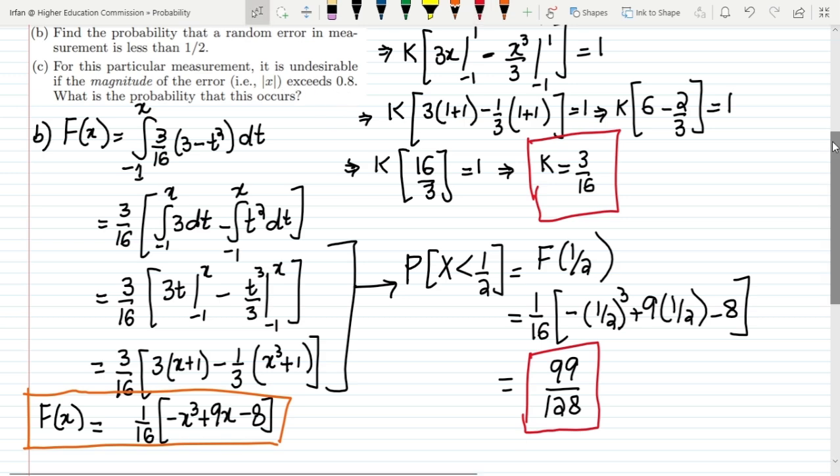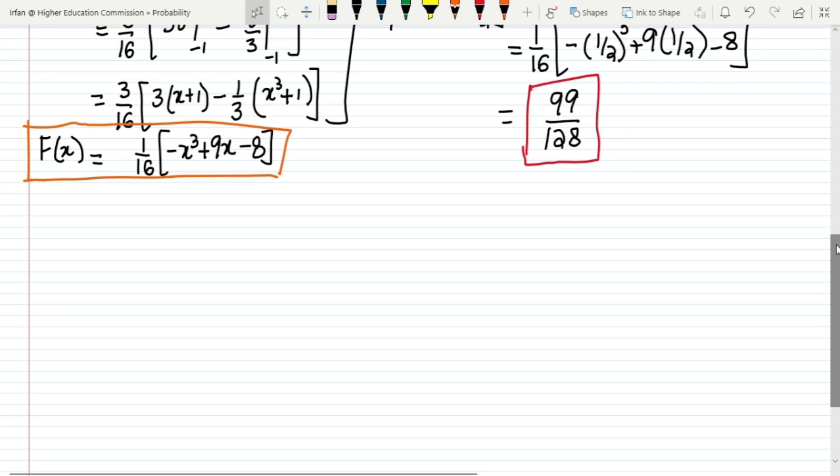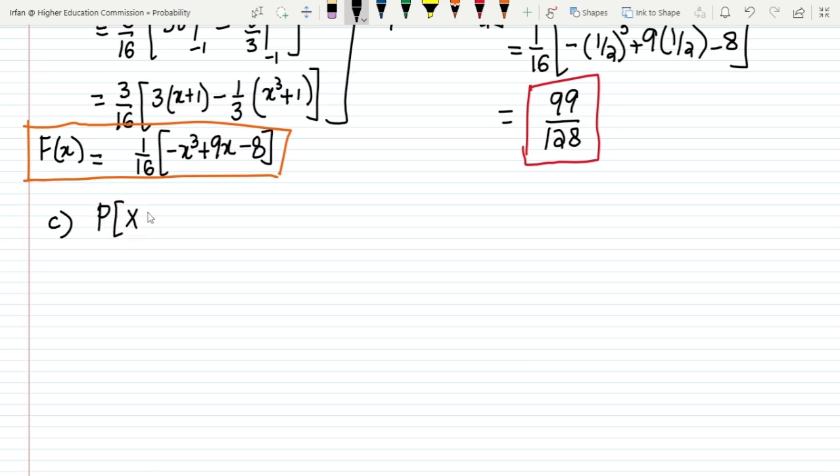So what do we have to do here? This is part C of my question, and here I have to find the probability that the absolute value of x exceeds 0.8.